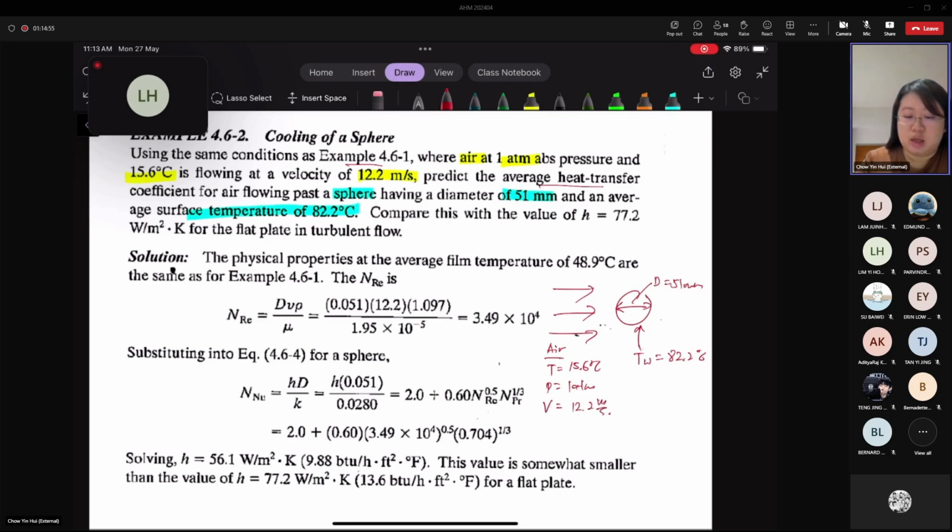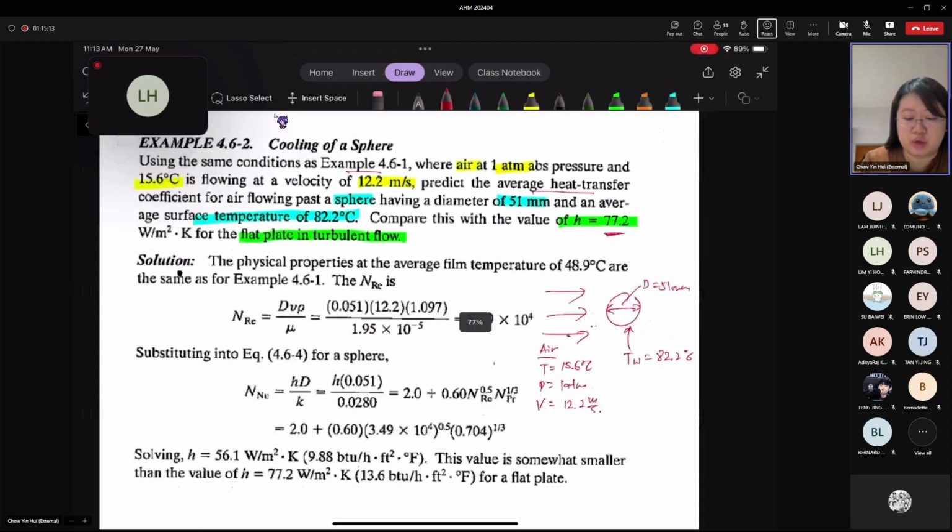Later, when you have calculated the h value, compare it to the convective heat transfer coefficient for the flat plate at turbulent flow, which just now was 77.2.